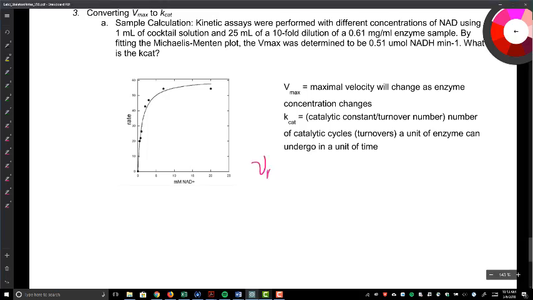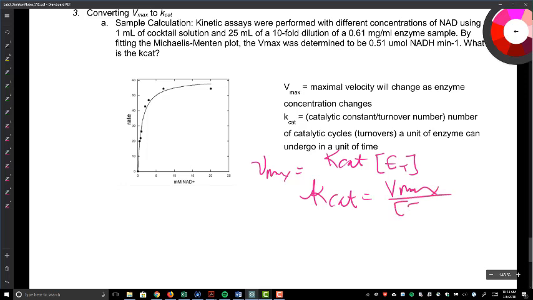So Vmax is equal to Kcat times the total enzyme concentration, or Kcat is equal to Vmax divided by ET. So we're getting rid of that enzyme concentration.